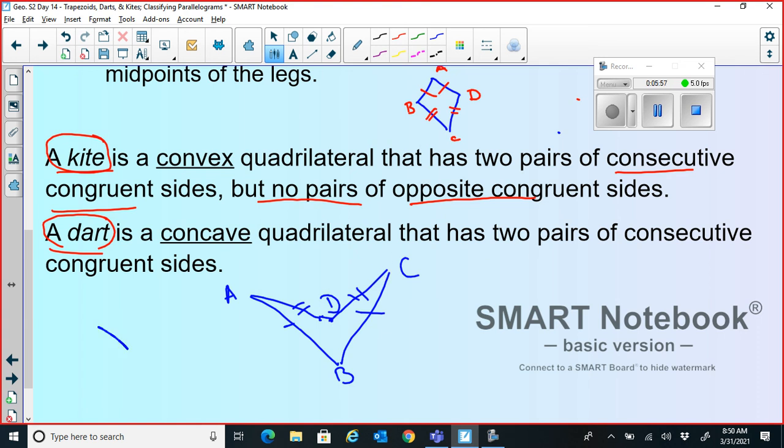Okay, I'll redraw this. Okay, looks something like this. This is how your concave quadrilateral or the dart will look.